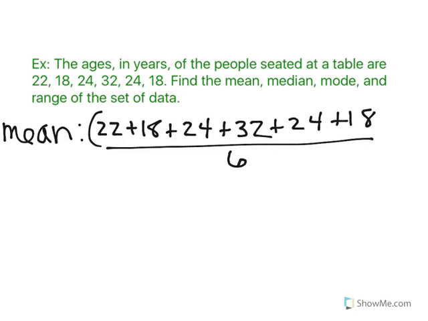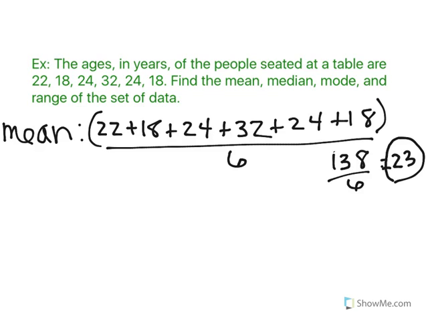I'm going to first add all these up, and then divide by 6. When you add, you get 138. 138 divided by 6 is 23. So 23 is our mean age. That's the average age.